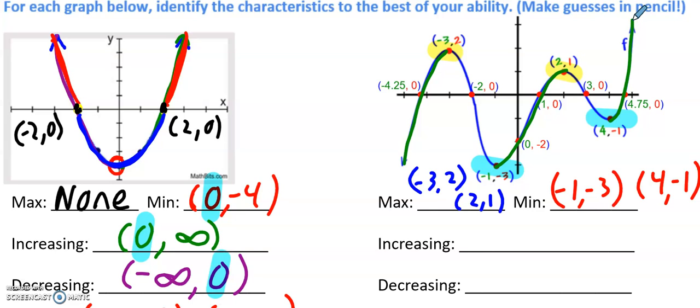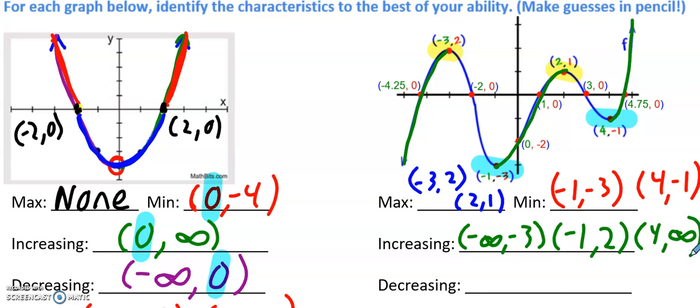If I write those intervals, that is from -infinity to -3, -1 to 2, and 4 to infinity. The function is decreasing then here and here. And so it is decreasing from -3 to -1 and from 2 to 4.